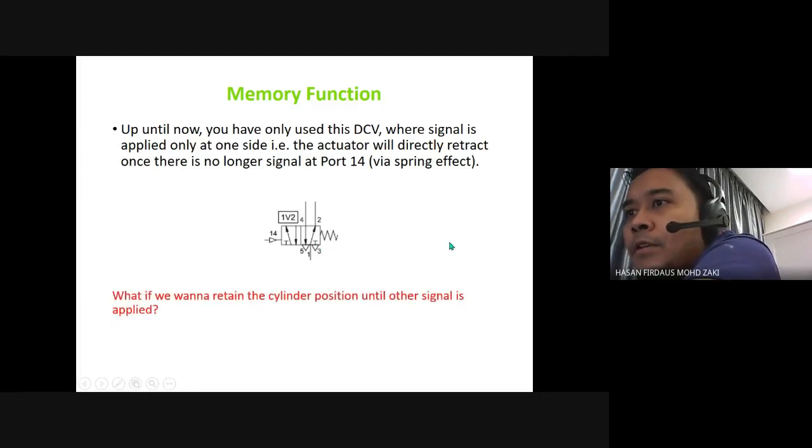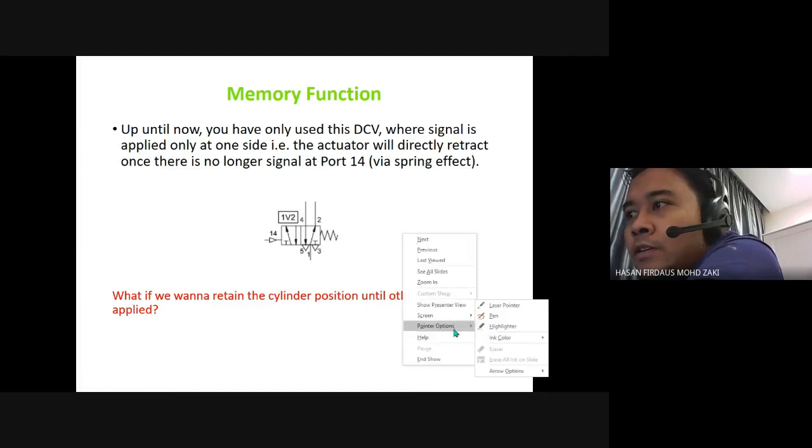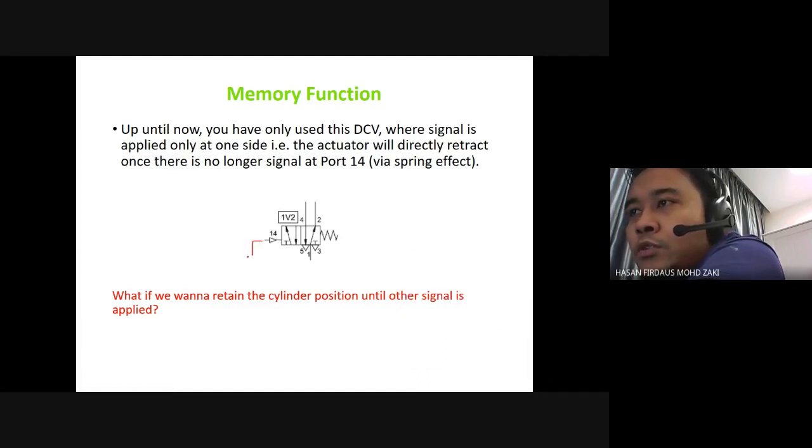So this spring will take this to the initial position. What if we want to retain the cylinder position until another signal is applied? For example, this one is connected to a push button. We release the push button, and we want the cylinder to go to the advanced position and still retain the position unless we have another signal here.